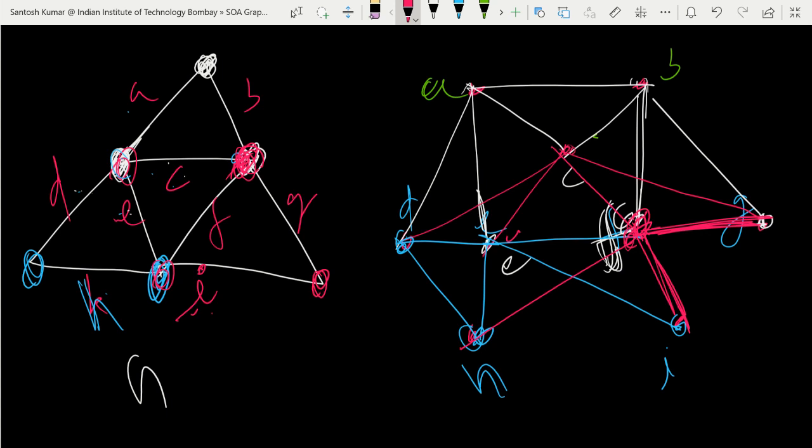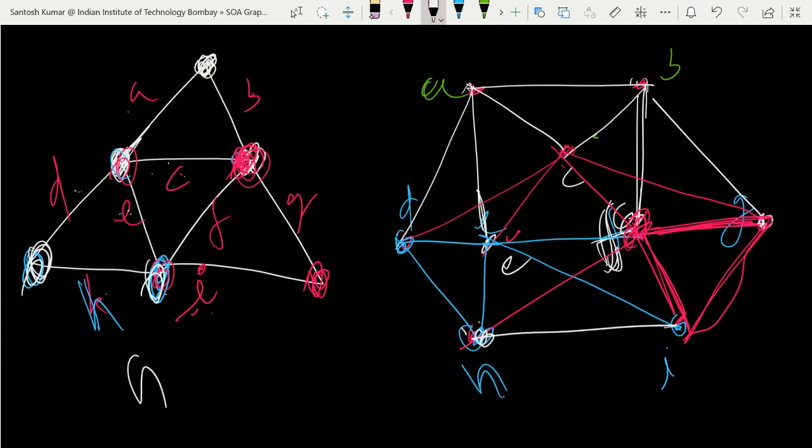Now come to G. G here shares with I, and G here shares with B, C, F. So B, C, F are already joined. Now come to H. H shares with D, which is already joined, and here shares with E, F, I. Only I is left.